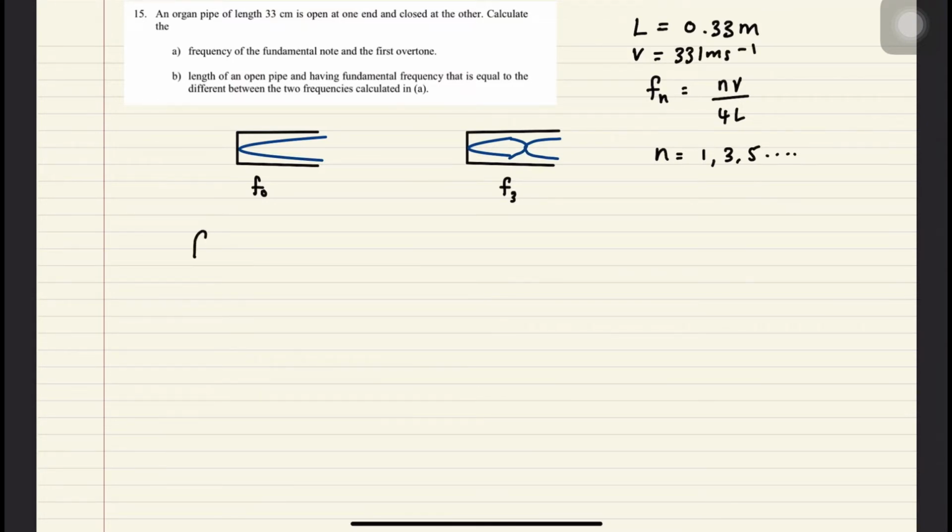So your F1, this one will be F1, 331 divided by 4 multiplied by 0.33. So I got here is 250.76.